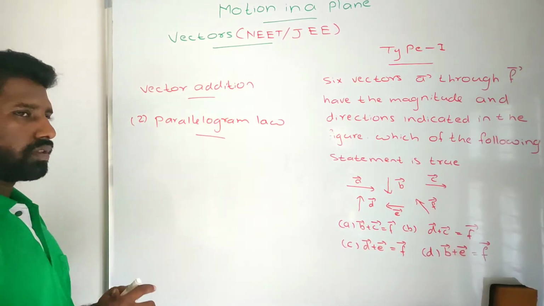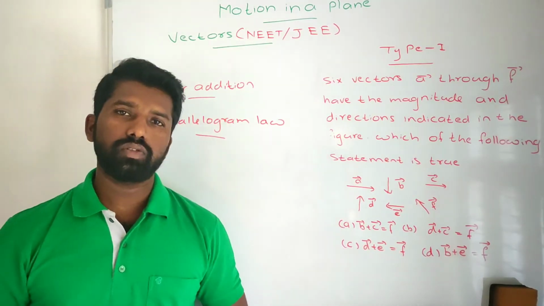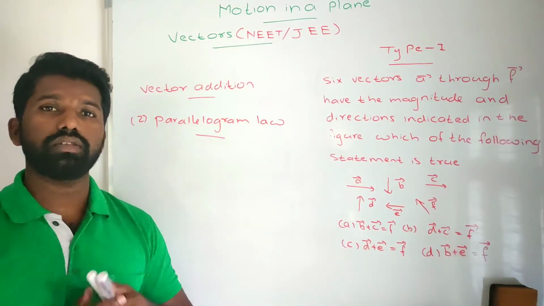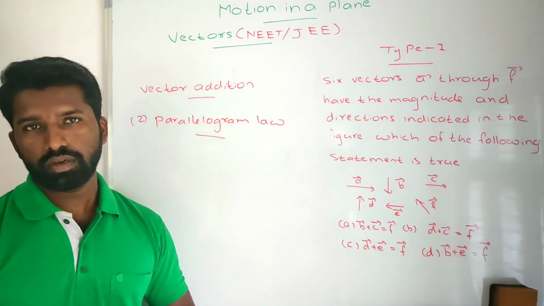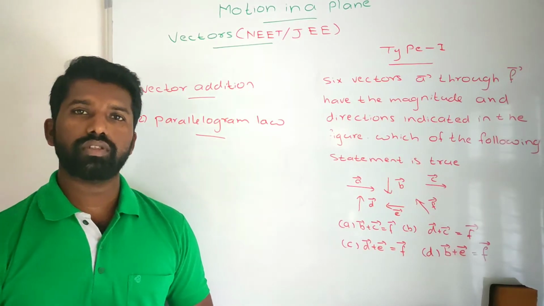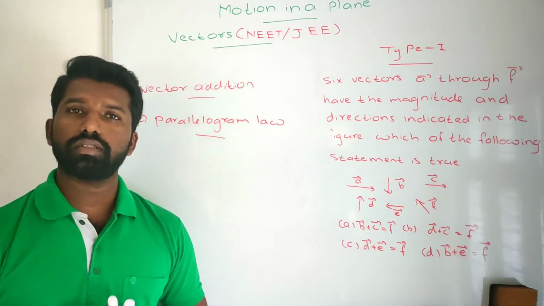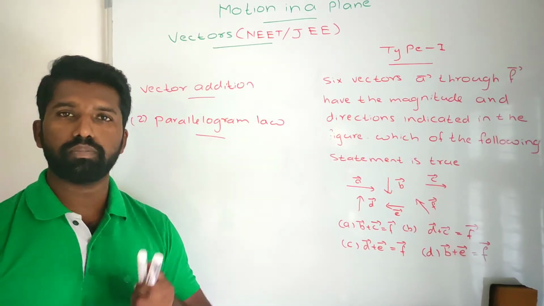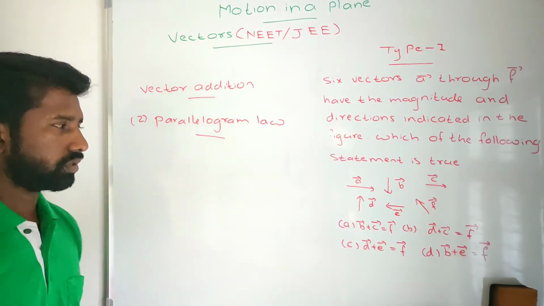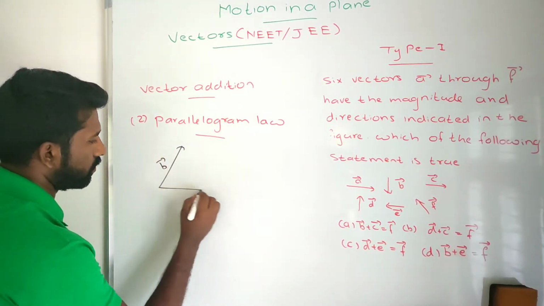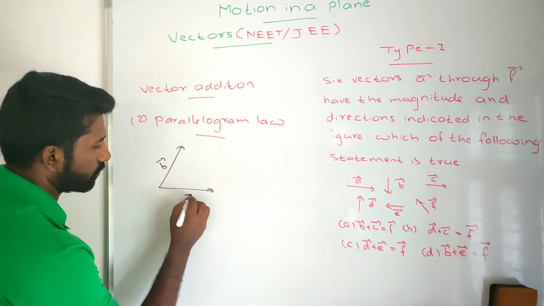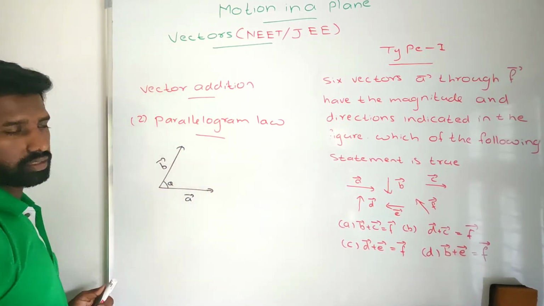The parallelogram law says that two vectors can be considered the adjacent sides of a parallelogram drawn from a common point. Then the resultant is the diagonal of the parallelogram passing through the common point. That means you look, this is the B vector and this is the A vector. These two vectors are making an angle theta.